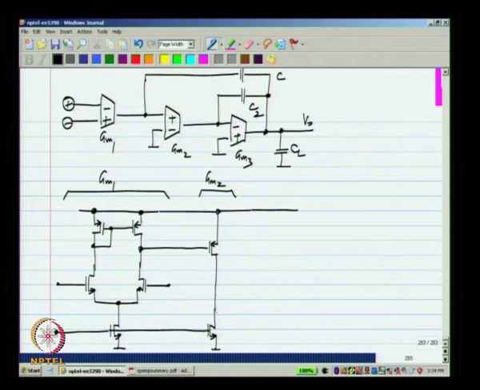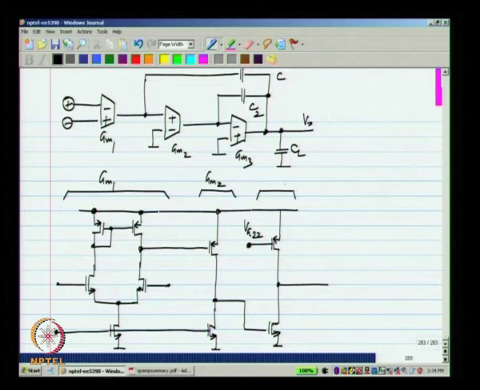Just for variety, let me make this an NMOS amplifier, where this PMOS is biased at some fixed voltage. As usual that is derived from some current mirror. So, this is gm3.